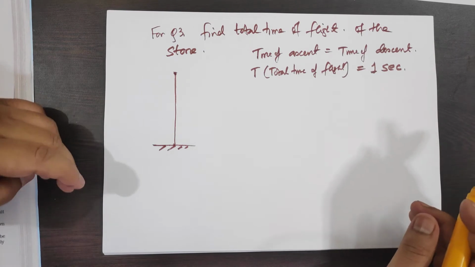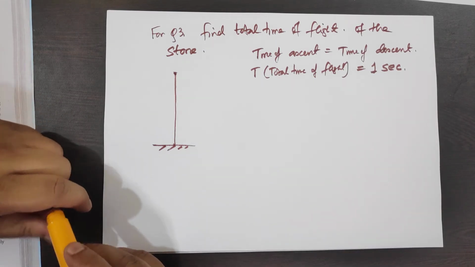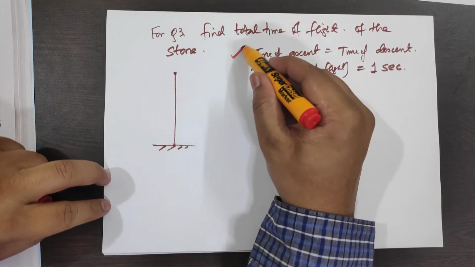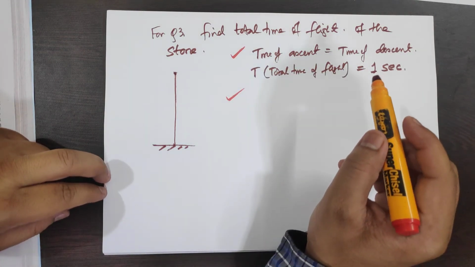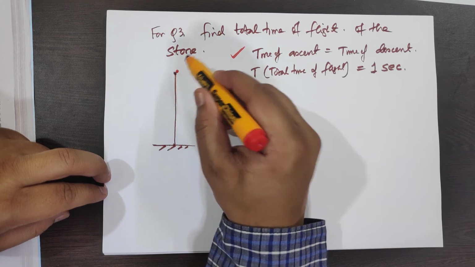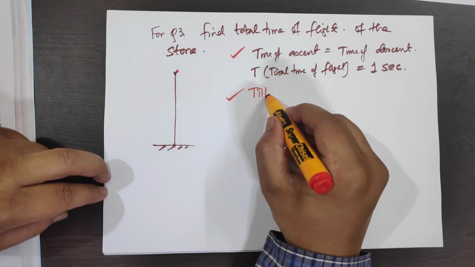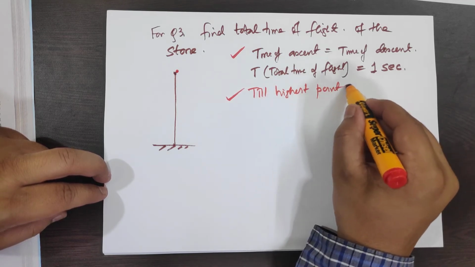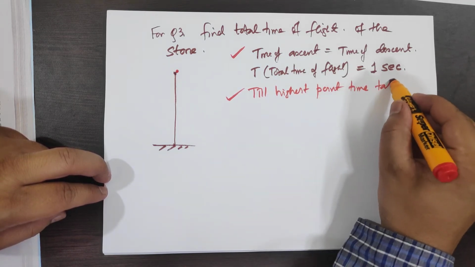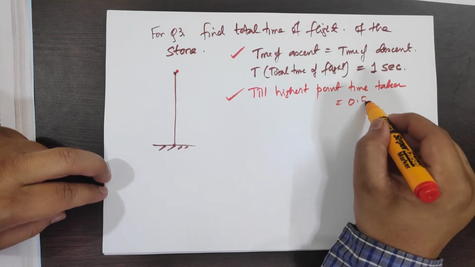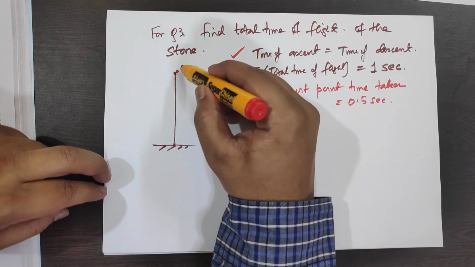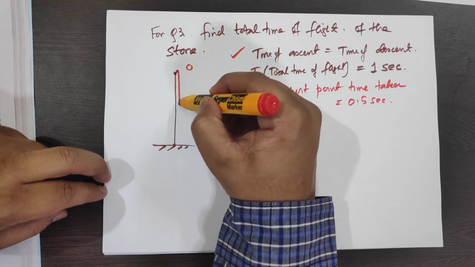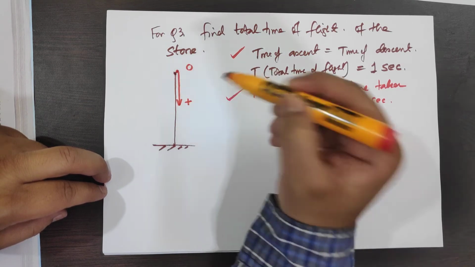Okay. So this is an intuitive way, or you can do it in many different ways also. Suppose it reaches here, till the topmost point, the highest point, time taken is equal to 0.5 second. Now let's start from the highest point, choose zero here, and this direction positive downward.